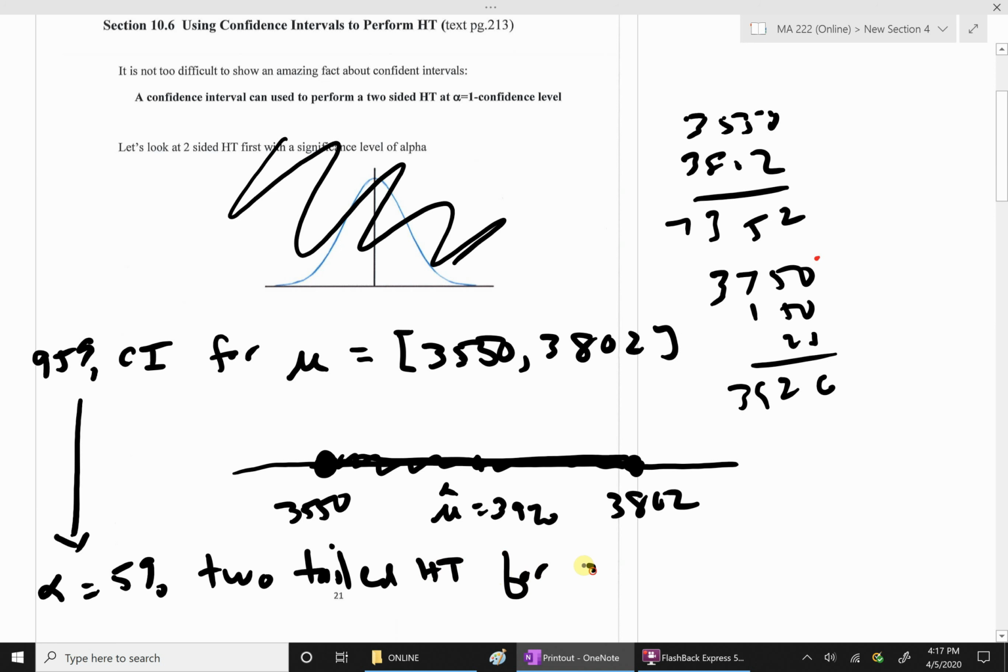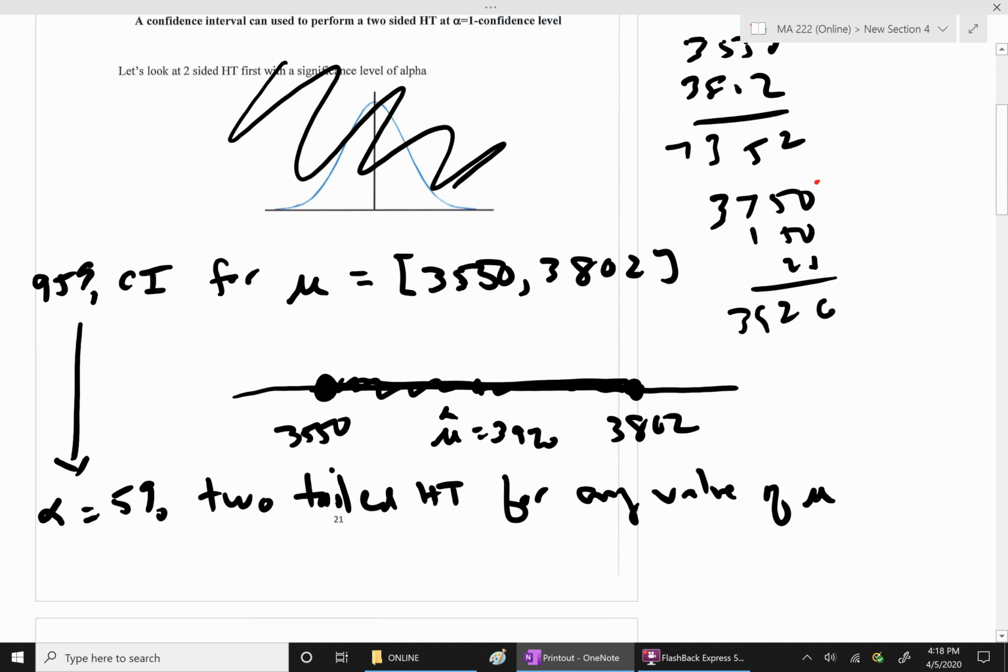For any value of mu. Okay? So suppose, for example, Abe wanted to test, suppose his null was that the population mean was $3,600. Remember, two-tailed means the alternative has to be not equal to.